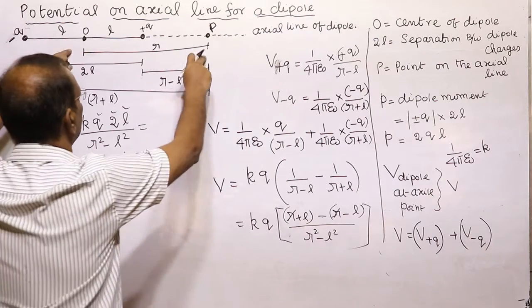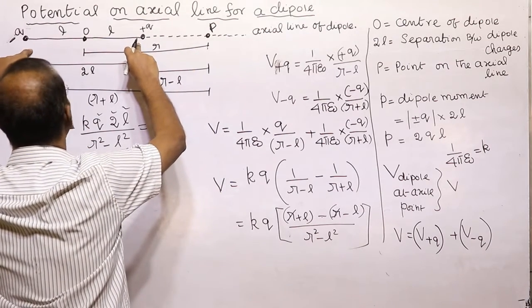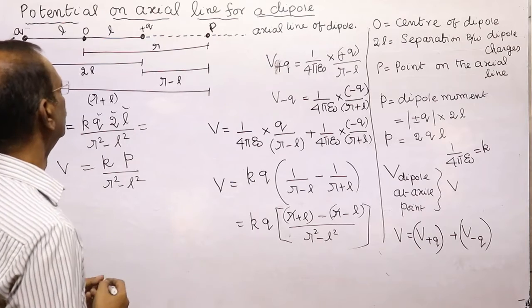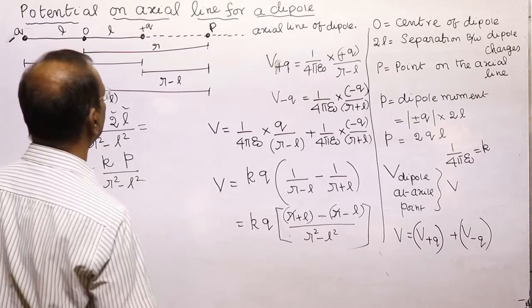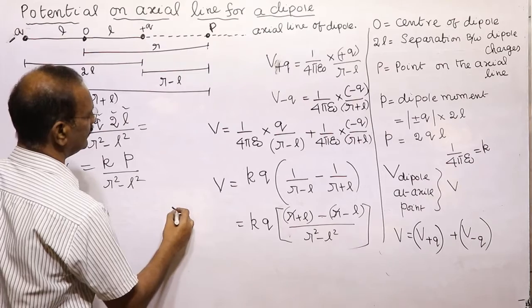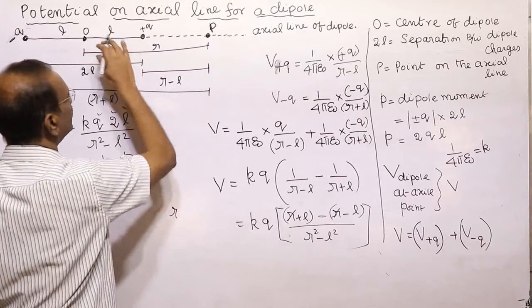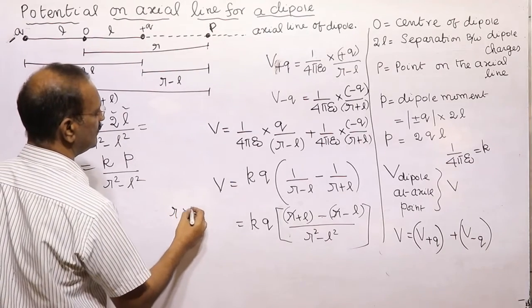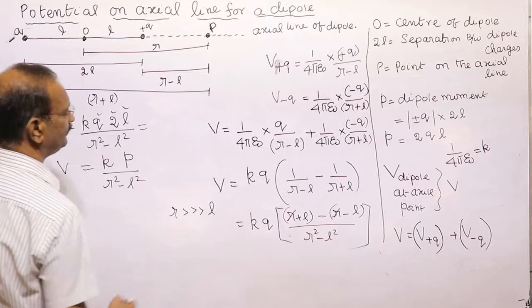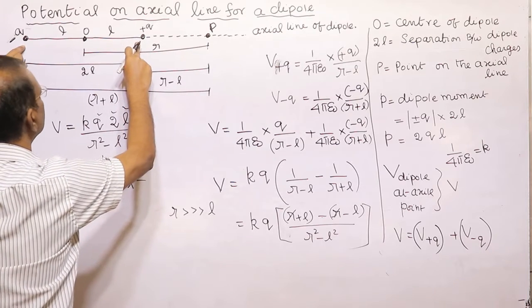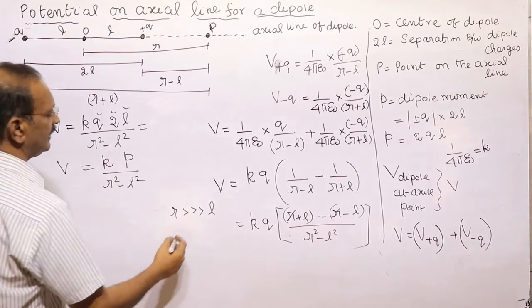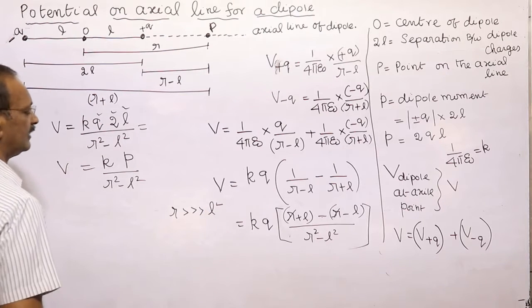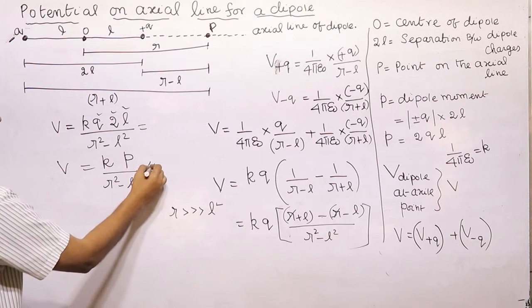Suppose this distance is r, because the distance between the two charges of the dipole is very small. If r, the distance of the point P from the dipole center, is much greater than l, then l can be neglected from this expression.